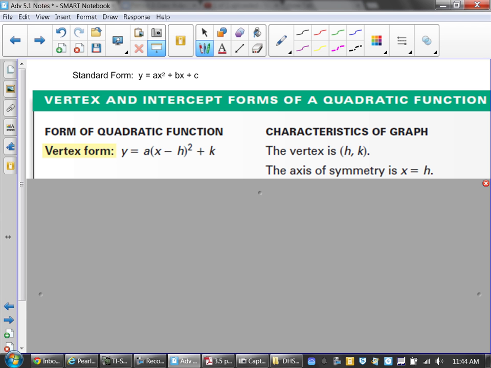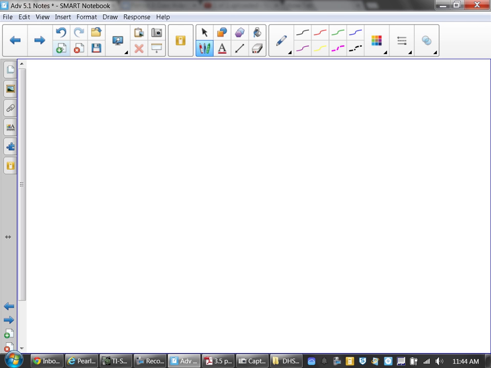This vertex that we're looking at, I'm going to use the smartboard here because I put it up here. If I give you a formula that looks like this, y equals 2 times the quantity x minus 2, quantity squared, minus 3. Let's say that's my equation. It's in what they call vertex form. They're giving you an h and a k.